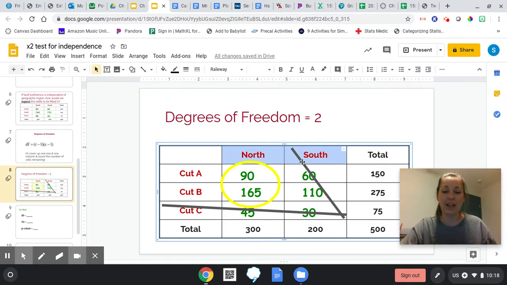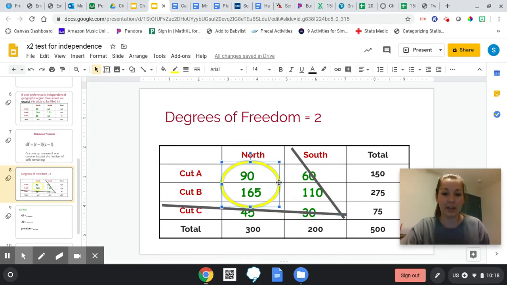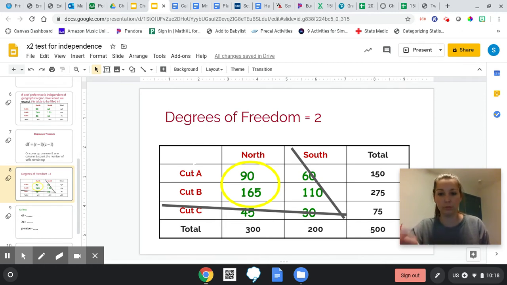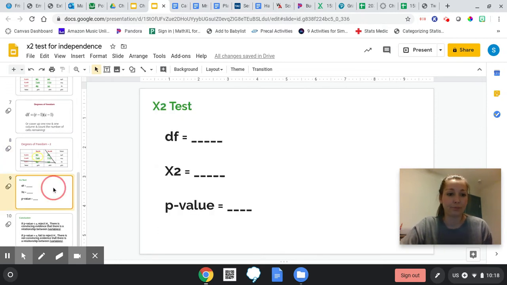Or, like you can see that I've marked out here, you can mark out a column, mark out a row, and count the number of cells remaining, 2. That might be an easier way to do it. You're going to do that ignoring the total columns because the totals, you don't need those for this. Okay? So that's how you do that.